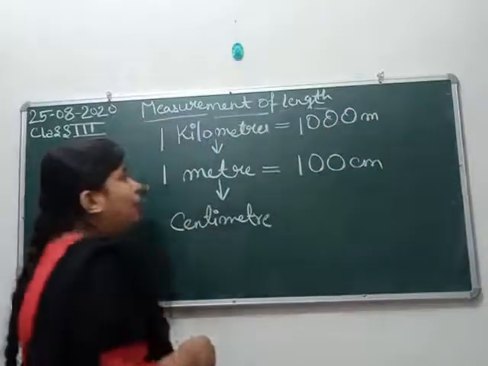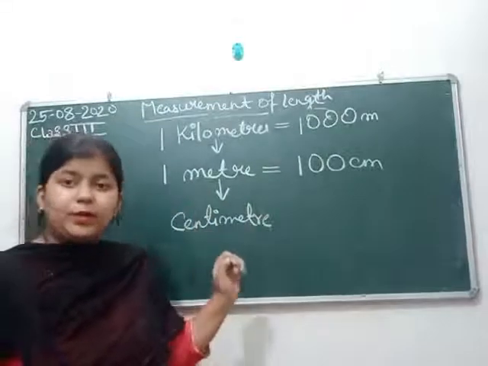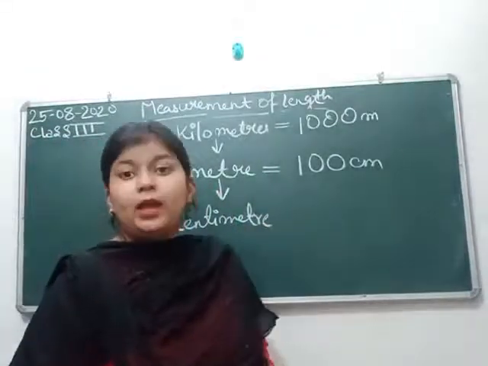Okay, 1 kilometer is equal to 1000 meter, 1 meter is equal to 100 centimeter. So this is the relation between all these three units.